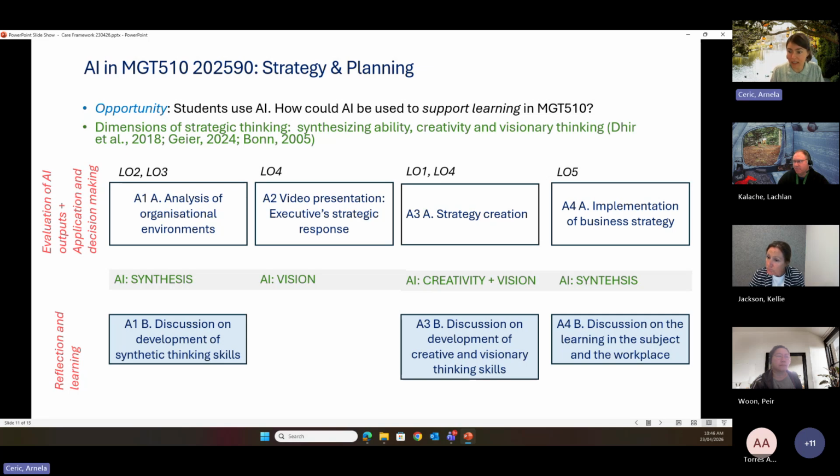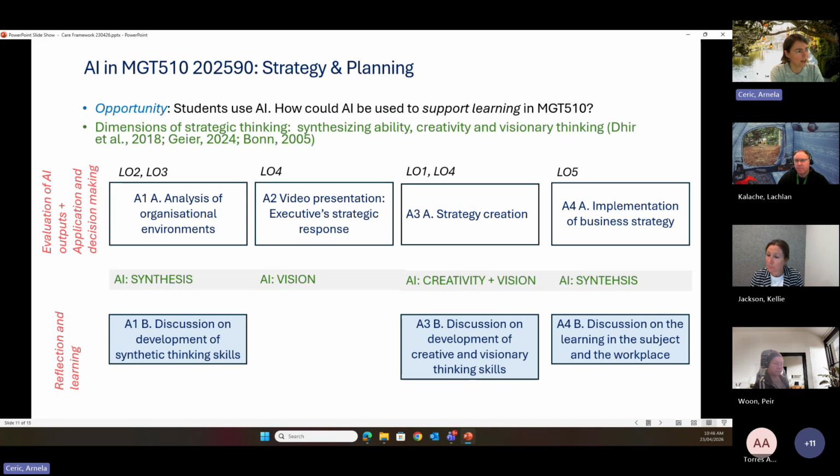And that was my focus in designing my assessments. So I've made a brave decision to allow students to use AI in all of the assessments, which is a little bit different.